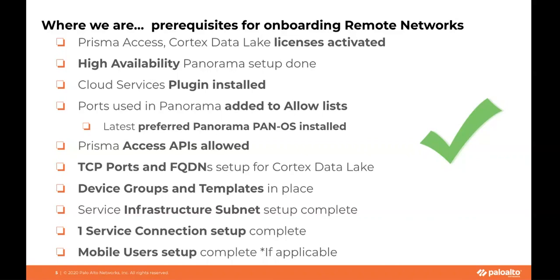Also Prisma Access APIs allowed, TCP ports and FQDN set up for Cortex Data Lake, device groups and templates in place, service infrastructure subnets completed, and at least one service connection set up. And if you do have mobile users licenses and that option, definitely have some of those set up already as well. If you have been part of our series, our journey throughout this pilot, you've gotten a lot of this information to guide you through this whole experience.